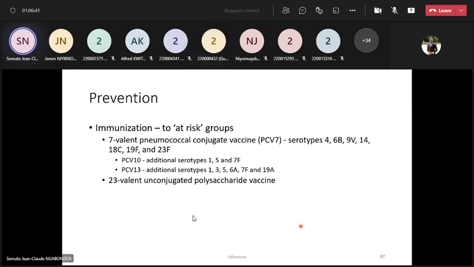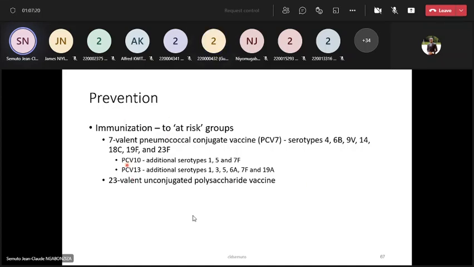So as prevention, there is a vaccine. We have a vaccine that has 7 variants, a seven-valent pneumococcal conjugate vaccine, which combines the most available serotypes. We have other pneumococcal conjugate vaccines that combine additional serotypes, up to 23-valent, and conjugated polysaccharide vaccines.